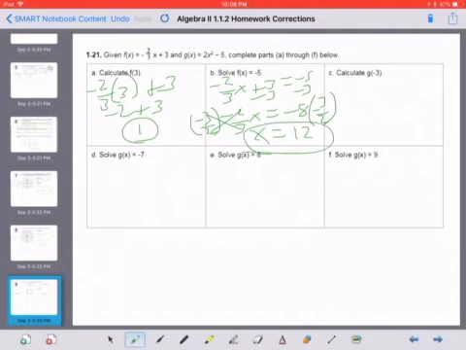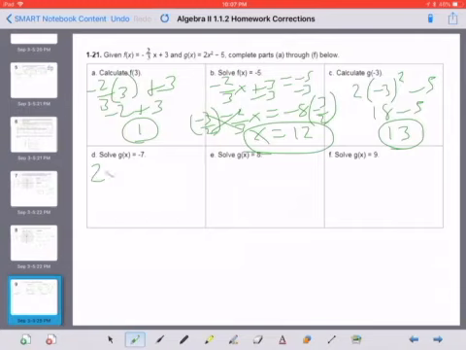In C, we're calculating g of negative 3 in the second function. So we're going to do 2 times negative 3 to the second power minus 5. So I get 9, 18 minus 5, or 13. In D, we're solving when g of x equals negative 7.